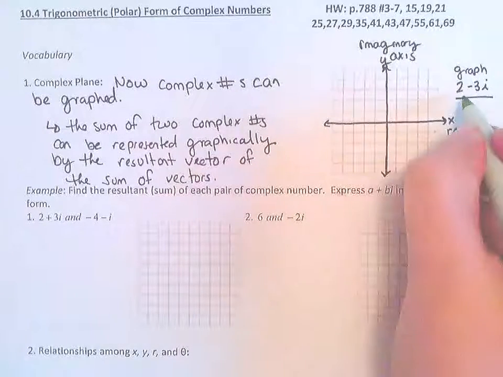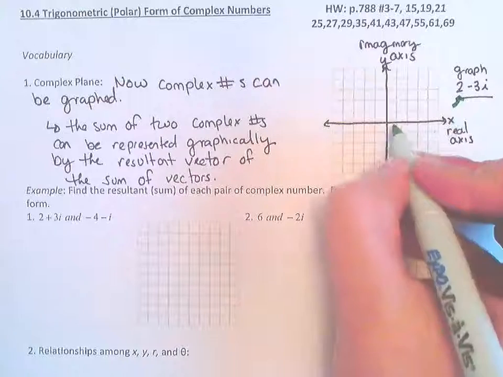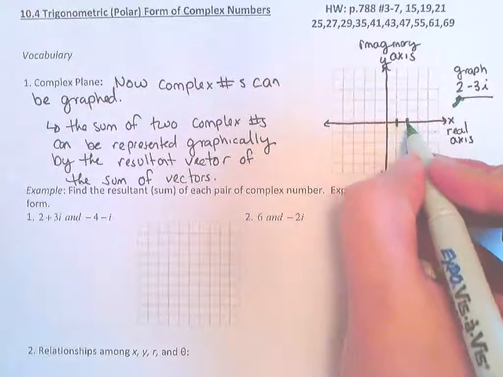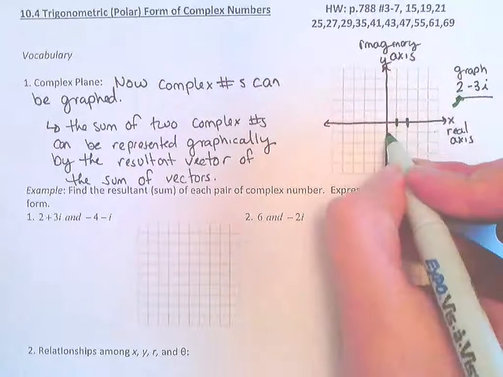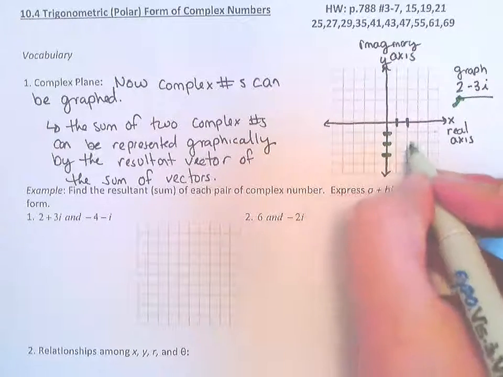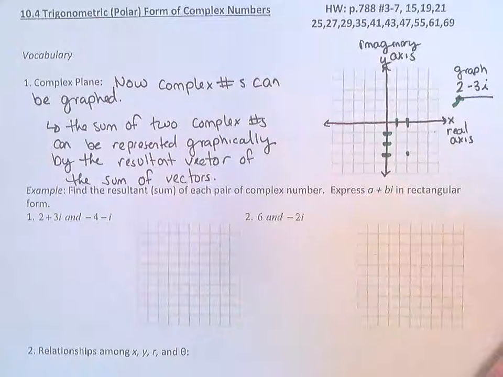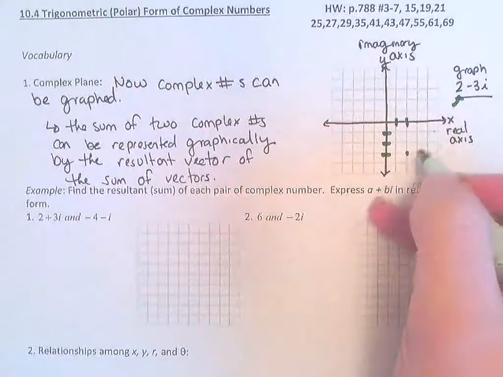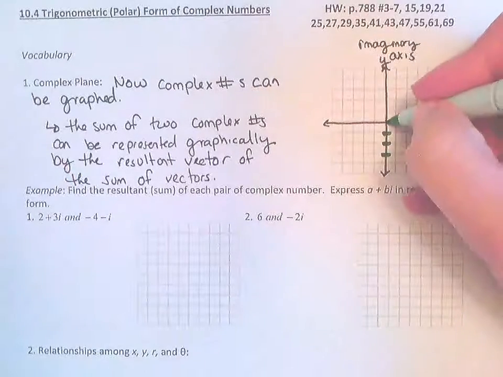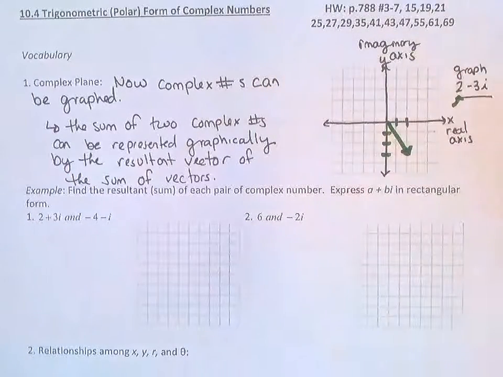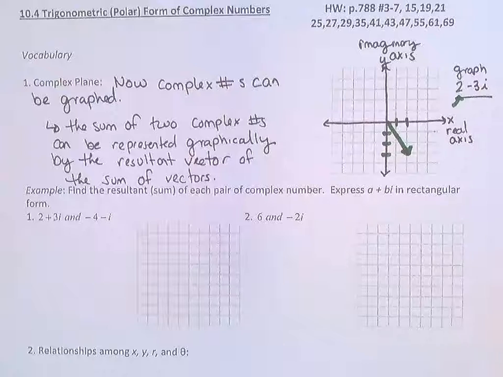The real part is the 2, so we go to 2, and then the imaginary part is negative 3i, so I just go down 1, 2, 3. The difference is that complex numbers are graphed as vectors and not just x and y coordinates. Okay, that's basically the whole idea of complex numbers.